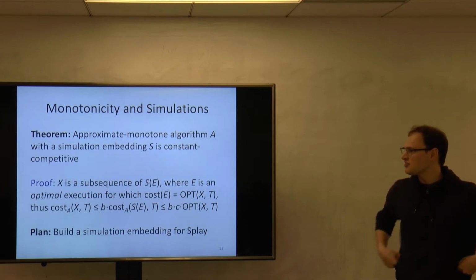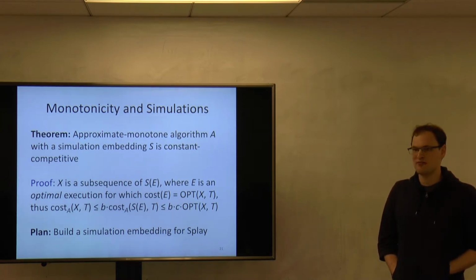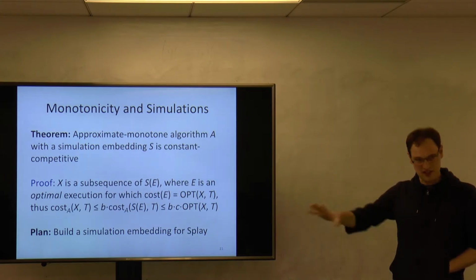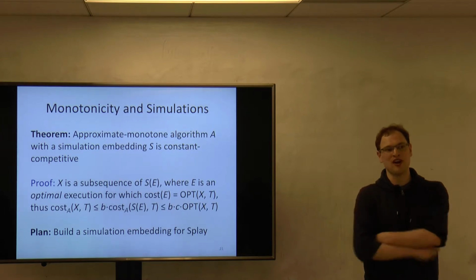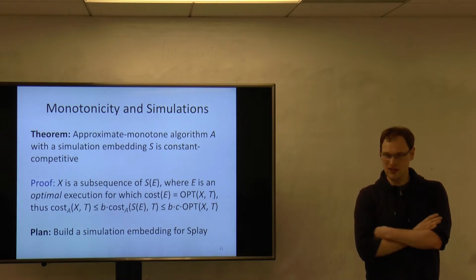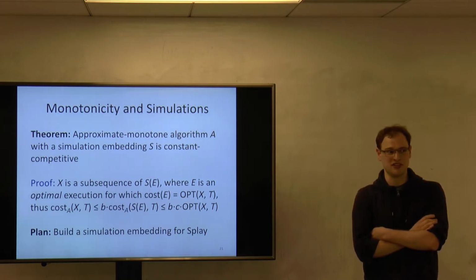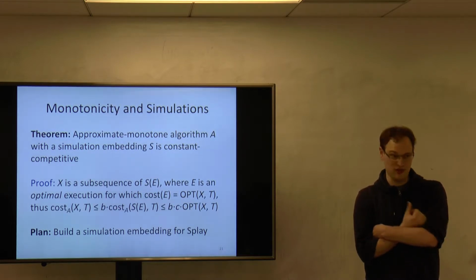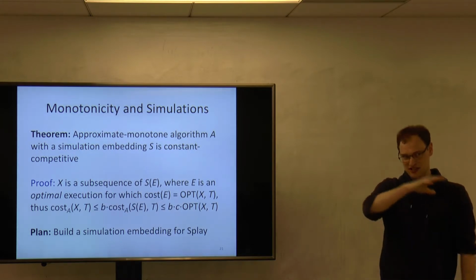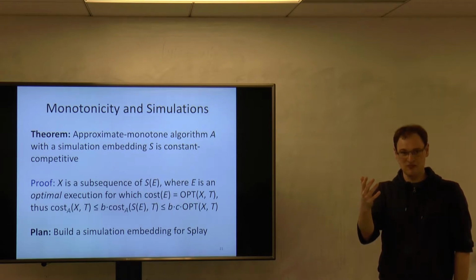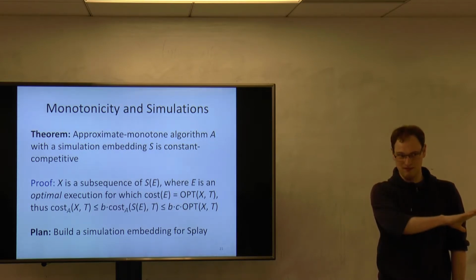So this is a general theorem about set-valued functions. It doesn't really have anything to do with binary search trees, except that we're applying it here. But if I have an approximate monotone function with a simulation embedding, then that function is optimal or constant competitive. And the idea is x is embedded as a subsequence of some simulation of an optimal execution for x.